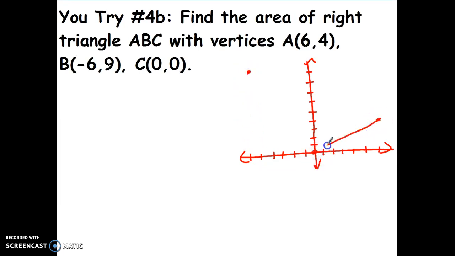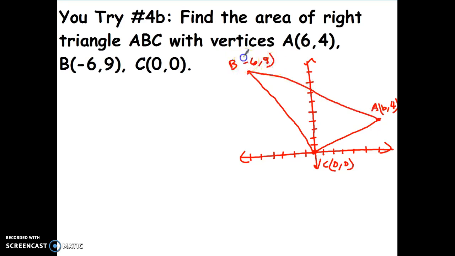All right. And this is C, 0, 0. This is A, 6, 4. And this is B, negative 6, 9. Okay, and we can see that our right angle is probably right there, which is correct.